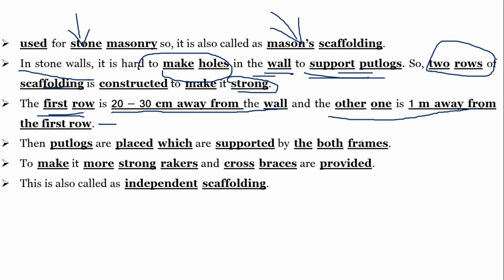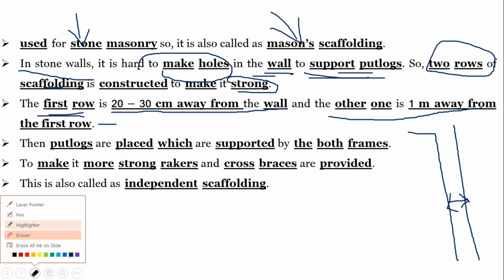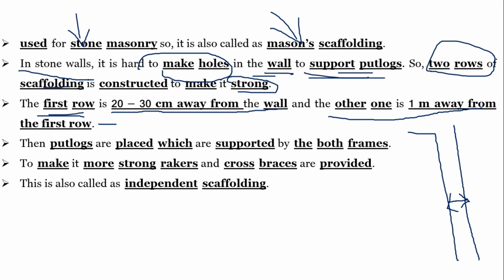For example, if this is your wall, consider this as a top view. So this is your first row, and the first row is a maximum of 20 centimeter to 30 centimeter away from the wall. The second one is 1 meter away from the first row.